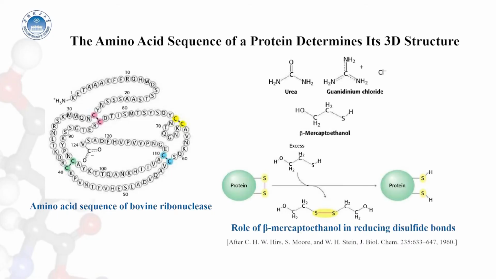The disulfide bonds can be cleaved reversibly by reducing them with a reagent such as beta-mercaptoethanol, and in the presence of a large excess of this kind of reagent, the disulfides are fully converted into sulfhydryls.